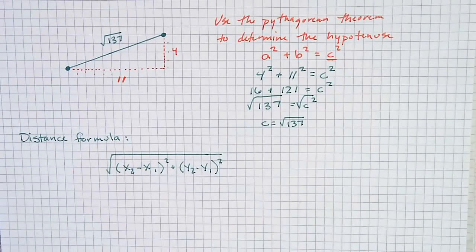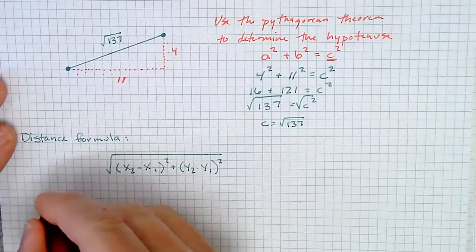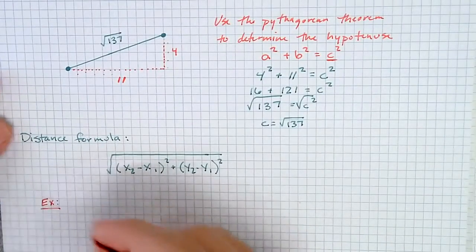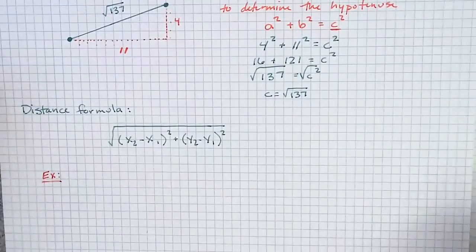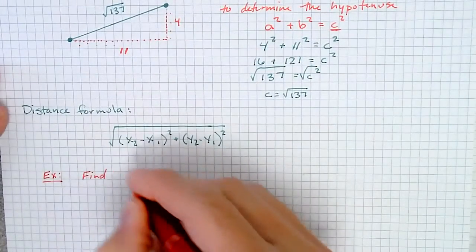It's the exact same thing as using the Pythagorean theorem. And you can use that if it asks you to find the distance between some really big points.